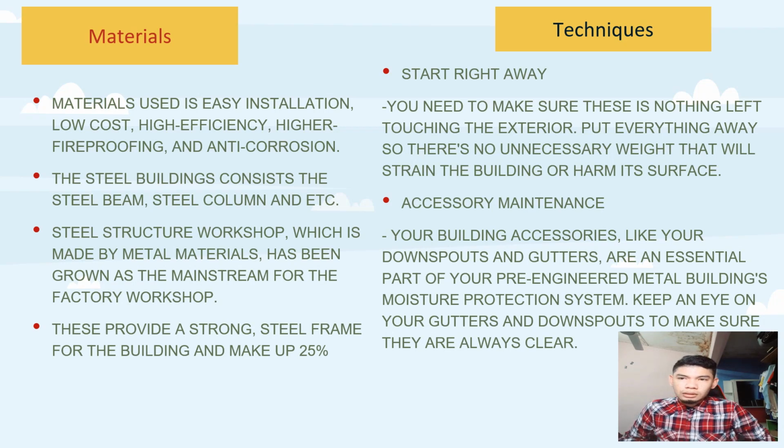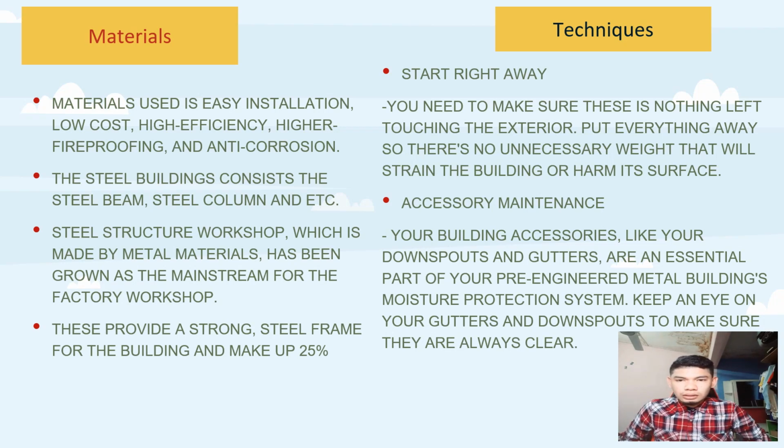And for the techniques, start right away. You need to make sure that there is nothing left touching the interior. Put everything away so there is no unnecessary weight that will strain the building or harm its surface. Next is accessory maintenance.